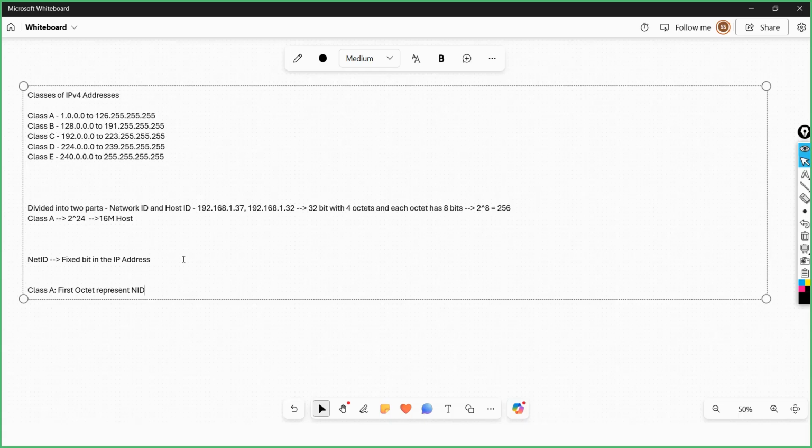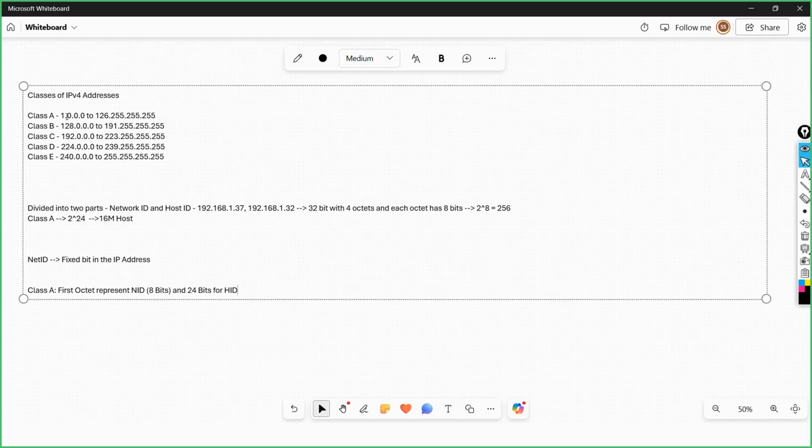Okay, so you can say that 8 bits are the network ID and 24 bits for host ID, meaning that the first octet will remain the same in class A IP addressing, and the remaining 24 bits can be assigned to host ID.